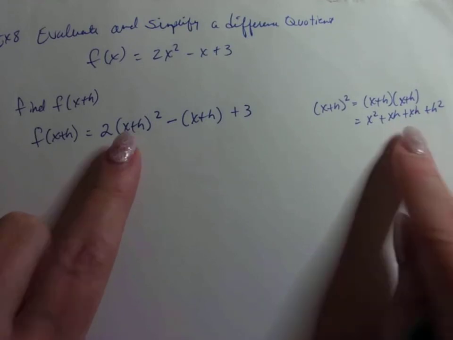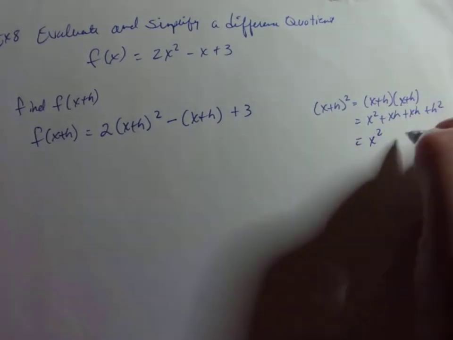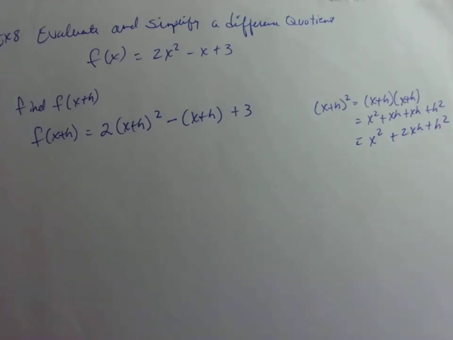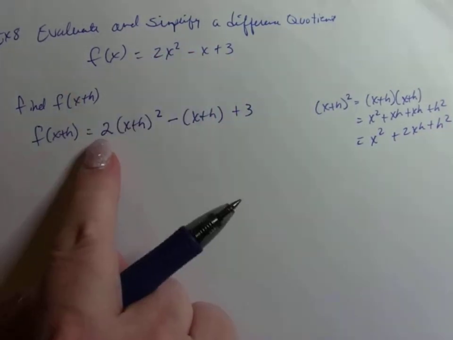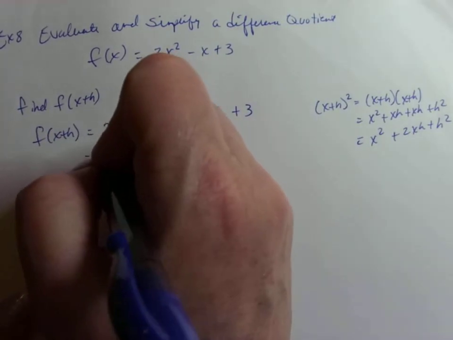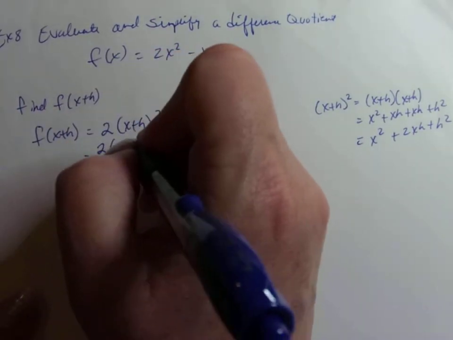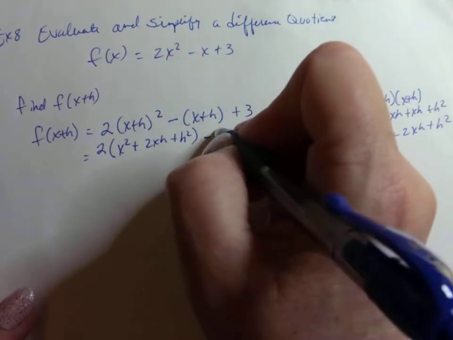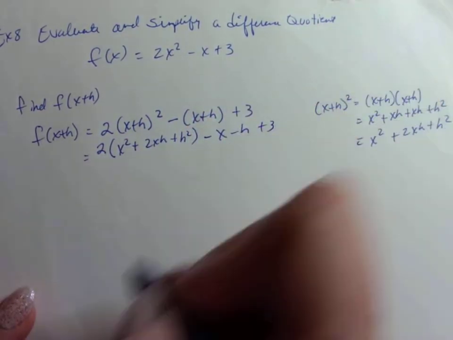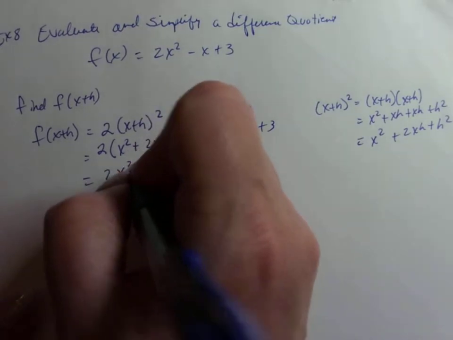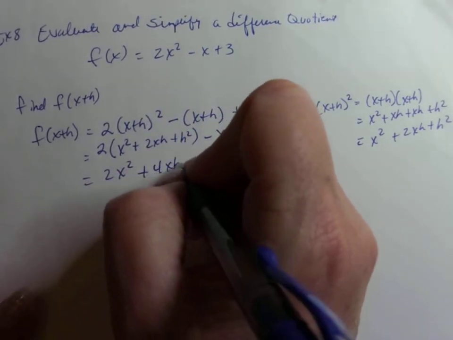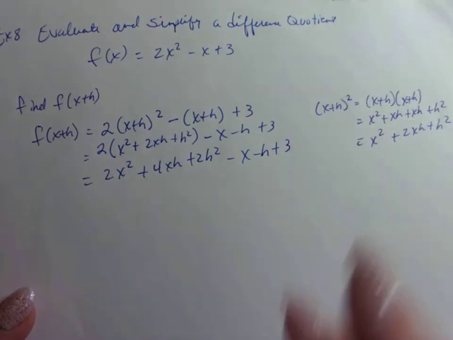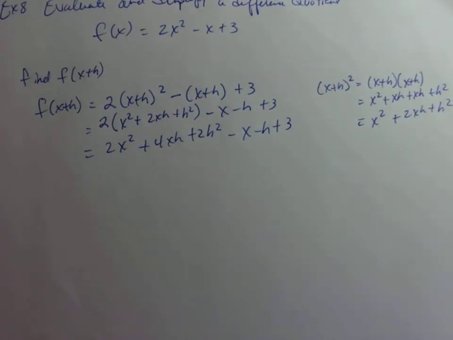So those two terms are going to combine: x squared plus 2xh plus h squared. Now this one's a little different because we have a 2, so we put that in parentheses because we still have to multiply it by 2. And then distribute that negative sign. So now we have 2x squared plus 4xh plus 2h squared minus x minus h plus 3. Now that's this part.